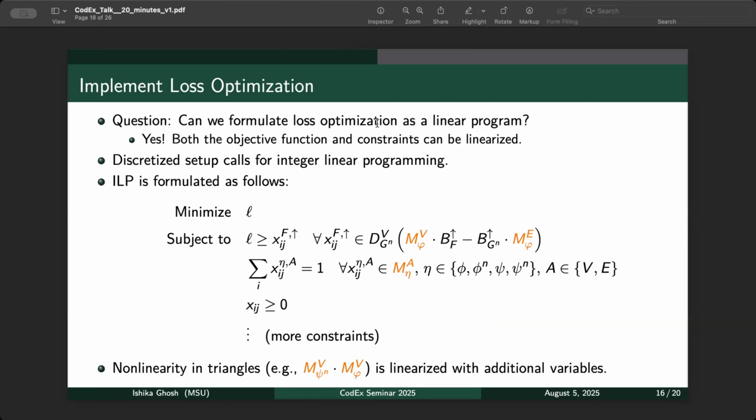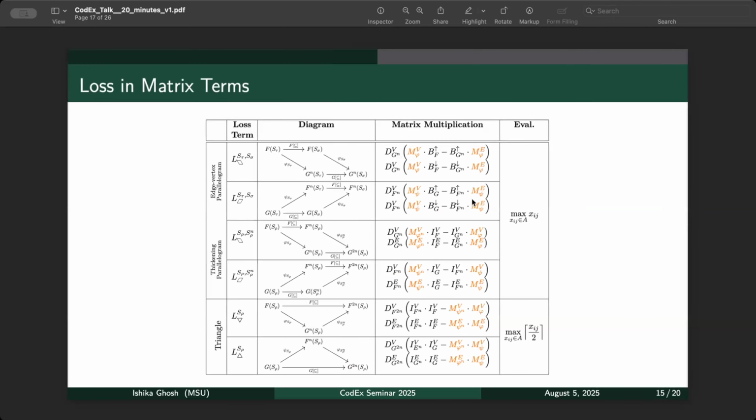To optimize, I use a particular kind of optimization strategy called integer linear programming, where my goal is to minimize the loss, subject to a whole bunch of constraints that's coming from this table.